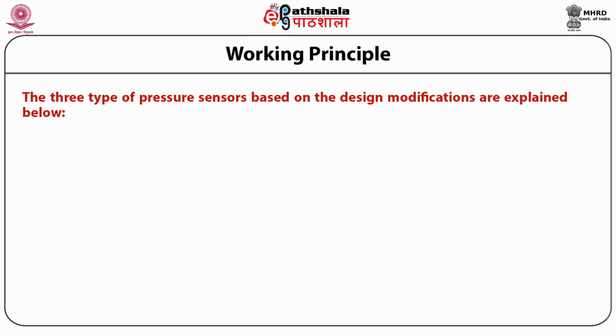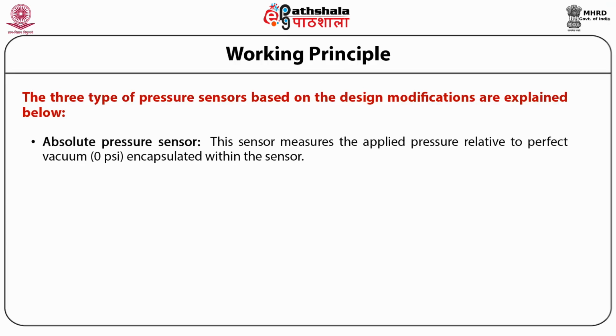Now here come the types of pressure sensors based on design modification. The first one is the absolute pressure sensor. This sensor measures the applied pressure relative to a perfect vacuum, that is 0 psi, encapsulated within the sensor.